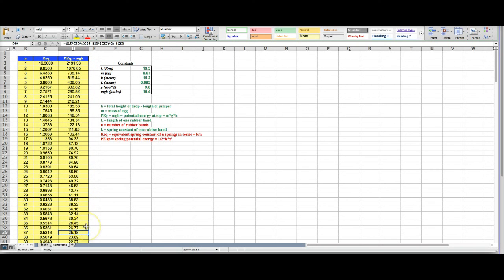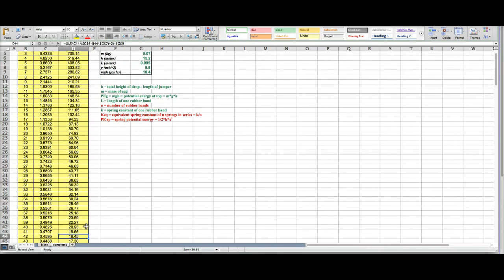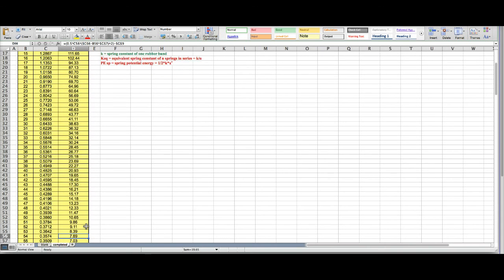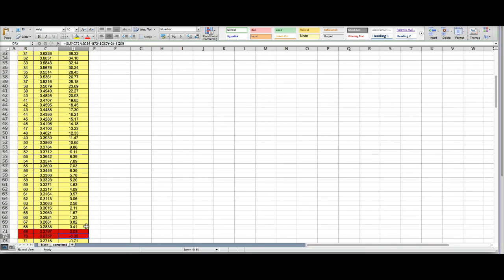Now remember, our goal is to find when they are equal to each other, and that then means that we are right at the bottom, or the amount of energy that we started with is equal to the amount of energy that we're ending with. And if we go down to where we get 0, now we have a decision to make.